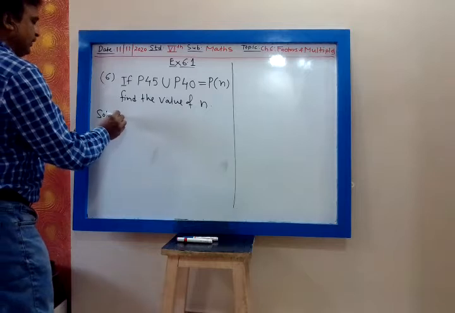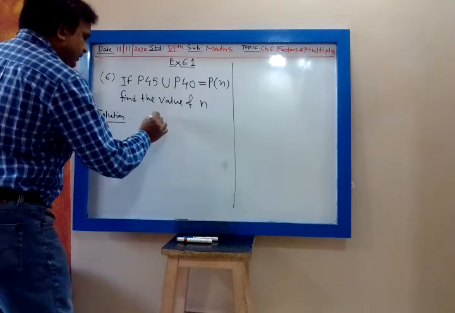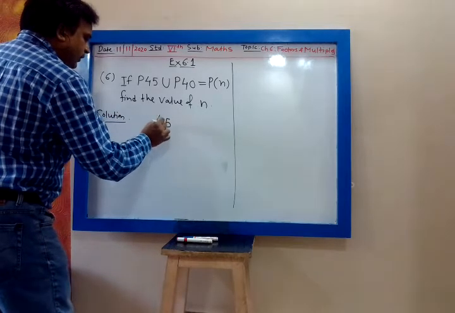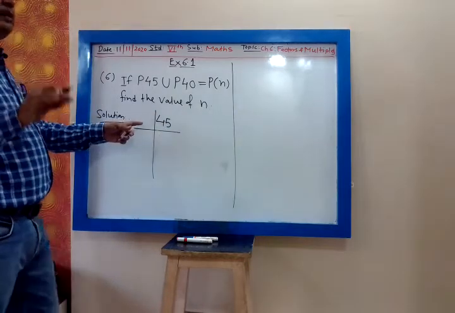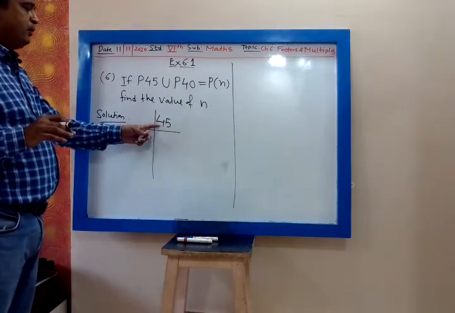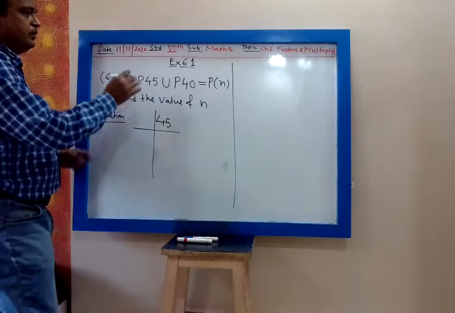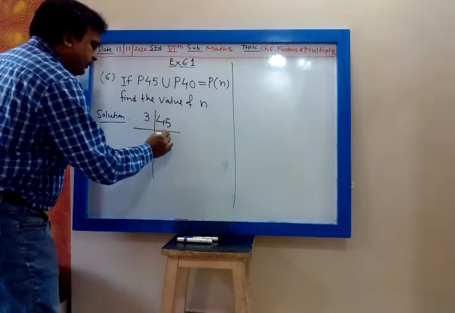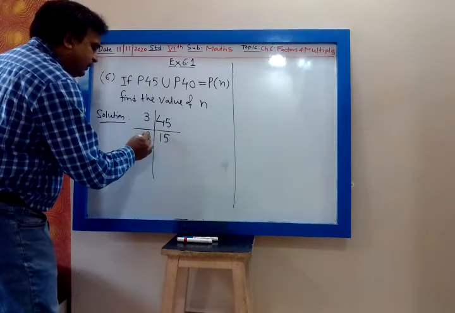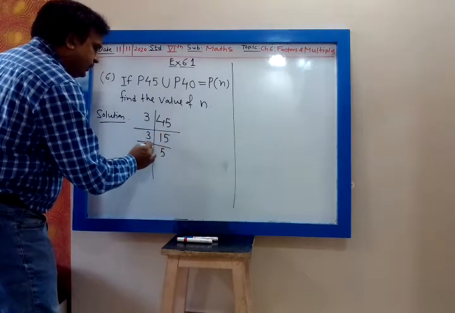the prime factor of 45. We use the division method. The smallest prime number is 2, but 45 we cannot divide by 2. So after 2, 3. 3 fives are 15, then 5 ones are 5.